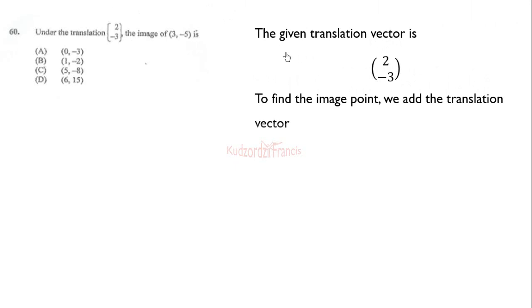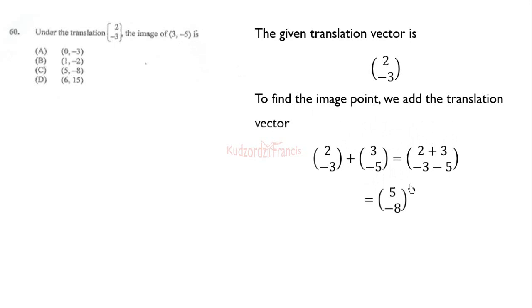The given point is 3, -5. We write that as a column vector: 2, -3 plus 3, -5. By addition of vectors, we add corresponding coordinate components to get 2 plus 3, which gives us 5, and -3 minus 5 is -8. Writing this as a point, we get 5, -8. Therefore, the correct answer is this.